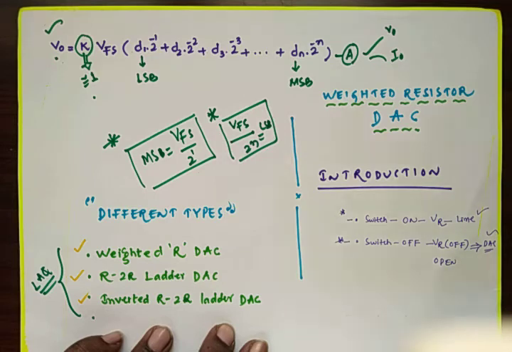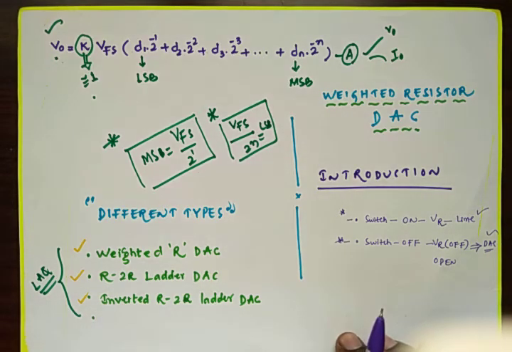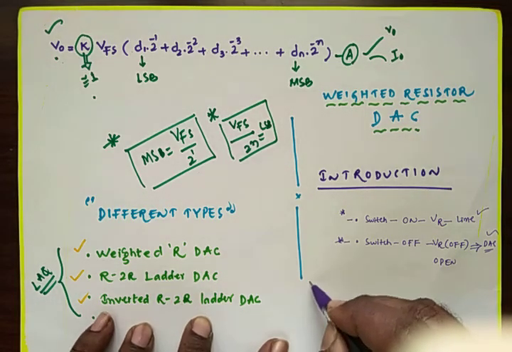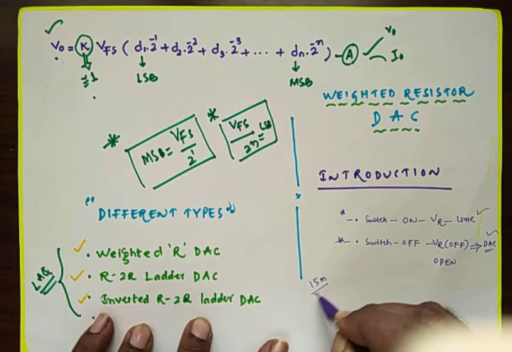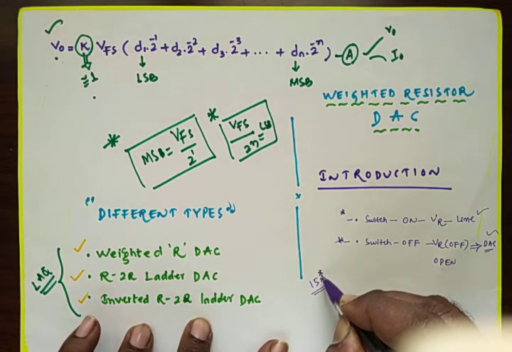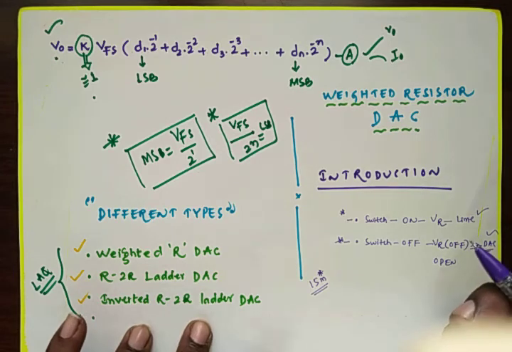In tomorrow's class we will discuss the weighted resistor digital to analog converter in detail, with its diagram and operation. If you explain its diagram, operation and transfer characteristics, you can easily claim the 15 marks in the external exam.